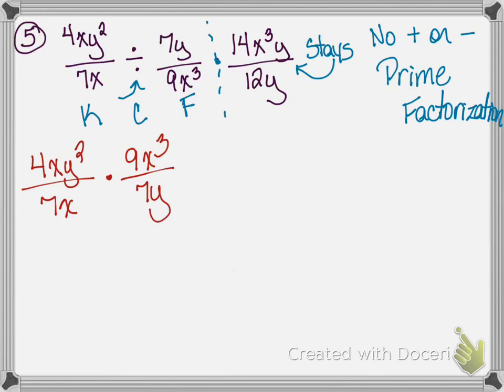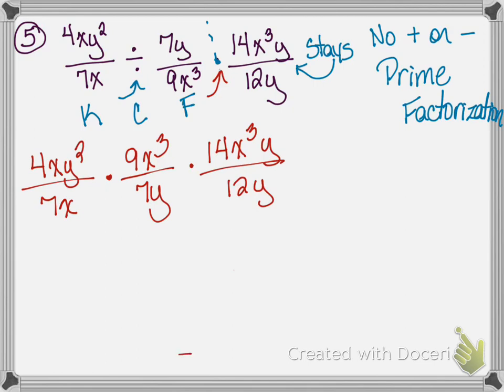Now, this operation right here is multiplication, so I don't do anything except rewrite that. So I have 14x to the third y over 12y. Now that I've got this written as multiplication, I'm going to do the prime factorization.